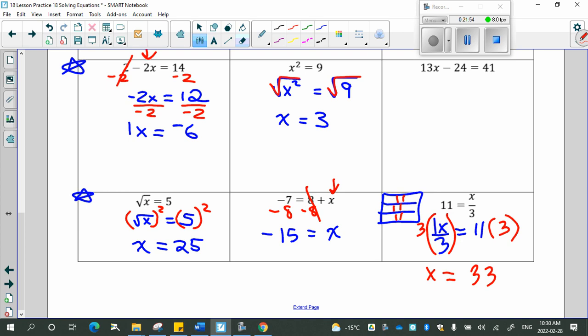Whatever you do to one side, you do to the other. This is like having a 3 over 1. So if you multiply the tops together, you get 3x over, and you multiply the bottoms together, 3 equals 33, but 3 divided by 3 gives you that 1x that you want. You always want to create a 1 in front of the x, positive 1, because you want to know the value of 1 of the x's.